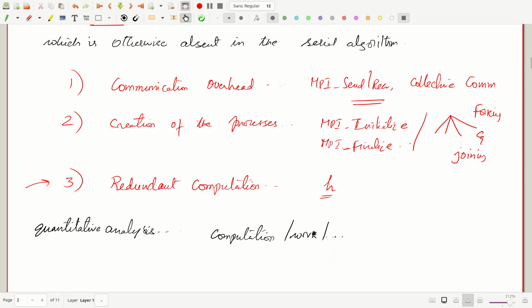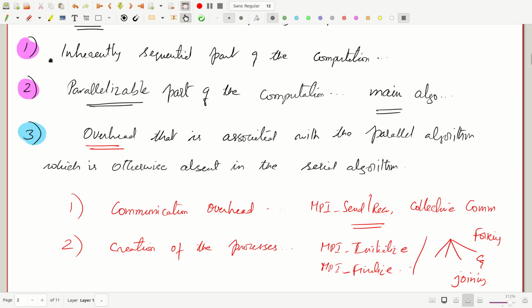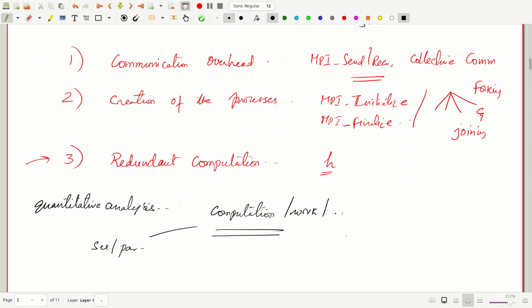When we talk about computation or work for a particular program, either serial or parallel, we are going to say that all these three components can be measured synonymously using some kind of time units. Okay, so that means when we say a parallel program performs some computation, it basically consumes some time units, and that is what we will use synonymously with computation or work.